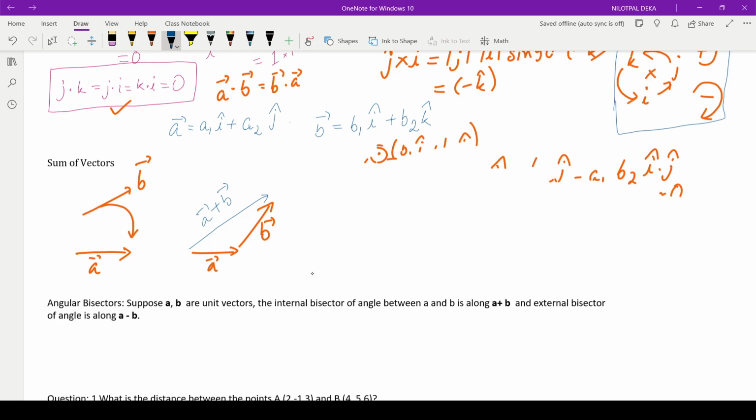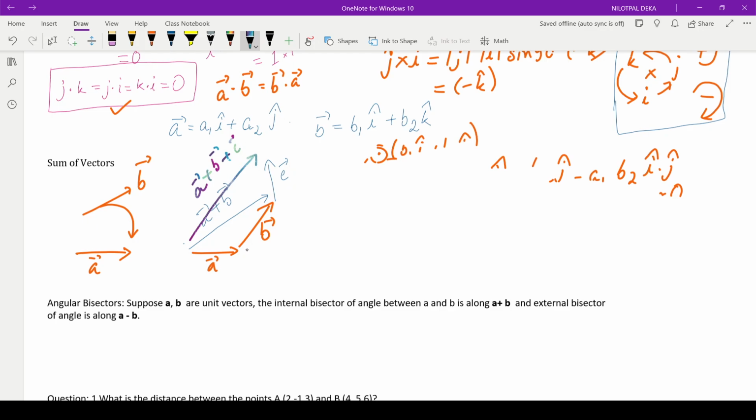In fact, if you have three vectors, then you will add the third vector here. Suppose I have a third vector C, then the resultant of A plus B and C would be something like this. Let me get another color here. Yeah, something like this. Okay, that would be A plus B plus C. So how many vectors you have does not matter.